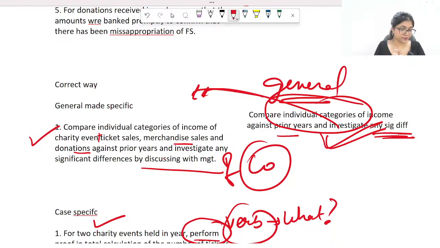Great. Perfect. I hope it is becoming a little easier now. Substantive procedure less scary.